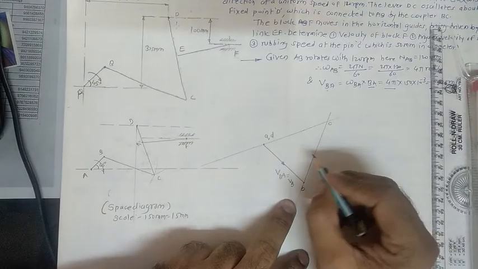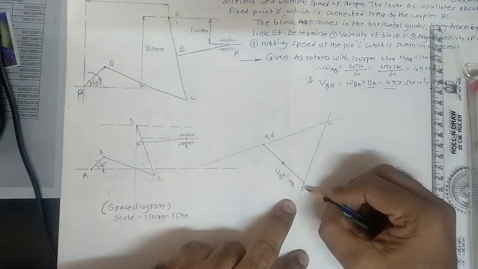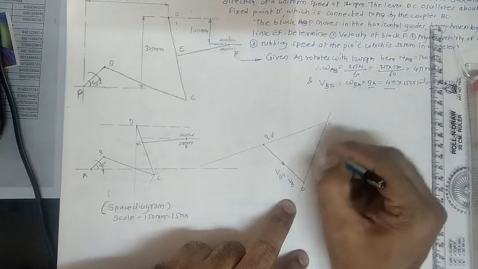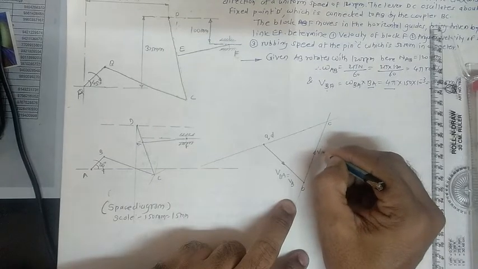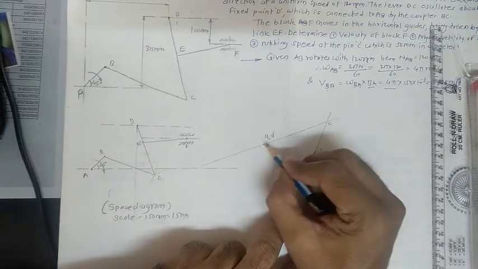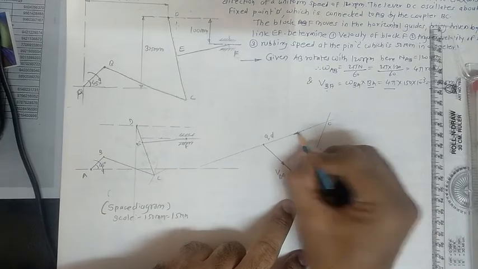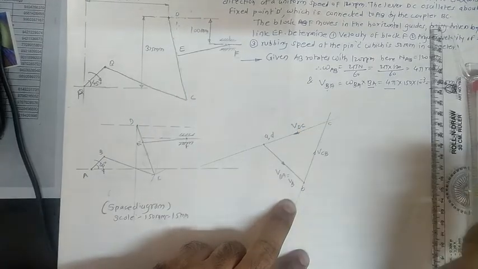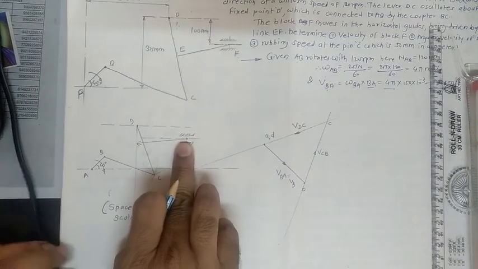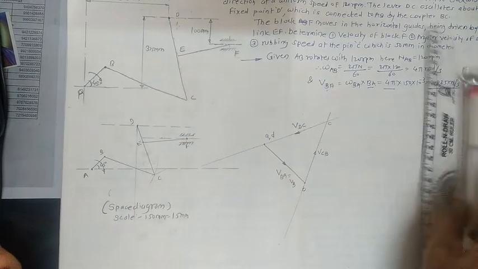Now from B to C, we are showing this must be CB, and with respect to this, D is connected with C. In this way, we can show VBC. Now we see the slider follows the path in this way.